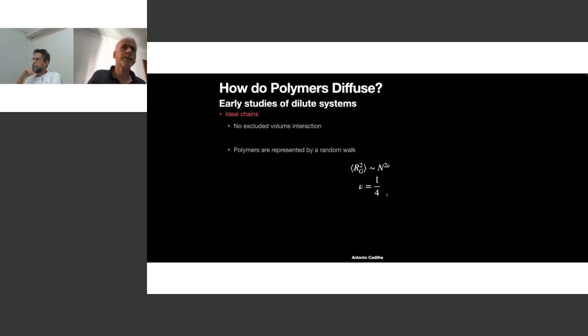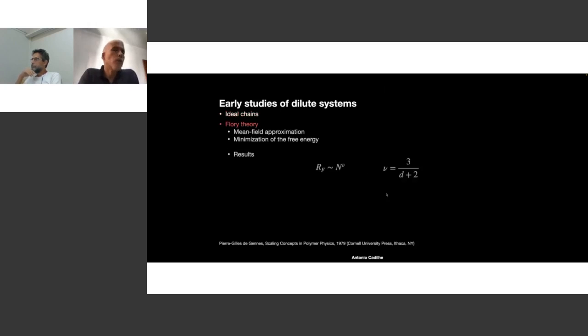If we want to include the possibility that monomers cannot just cross themselves, and therefore excluded volume is present, then one can define a radius again in terms of the number of monomers, n, and in a mean field approximation it is given by the expression on the right for the exponent.